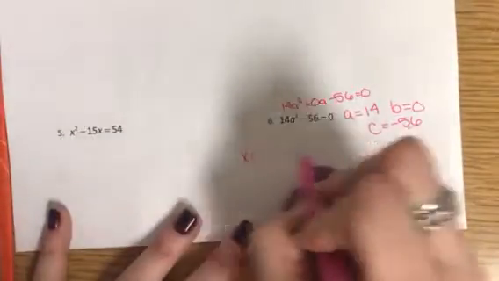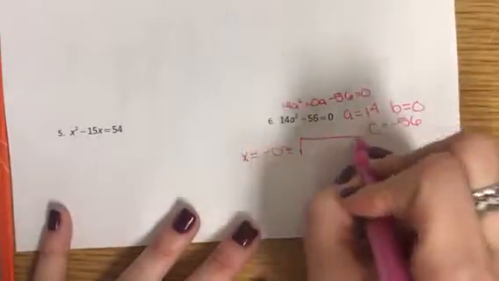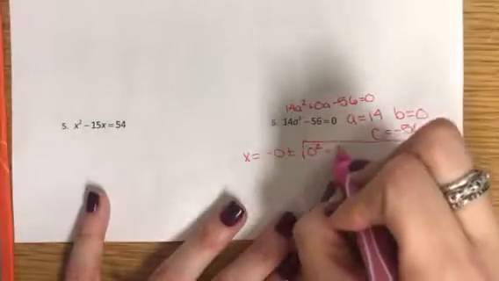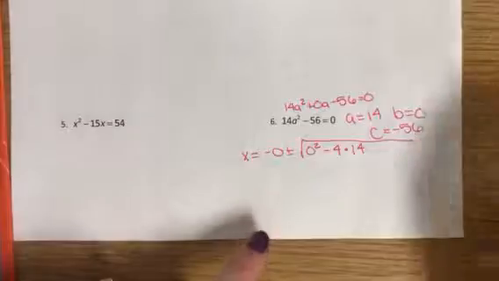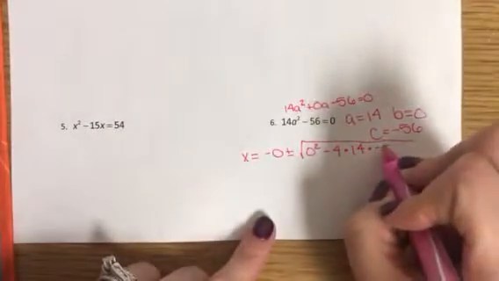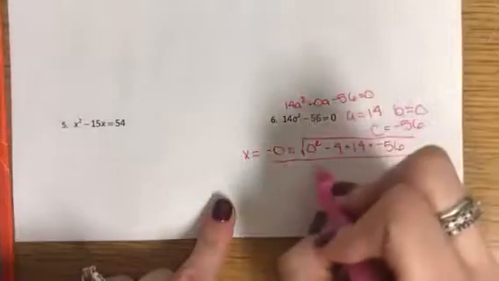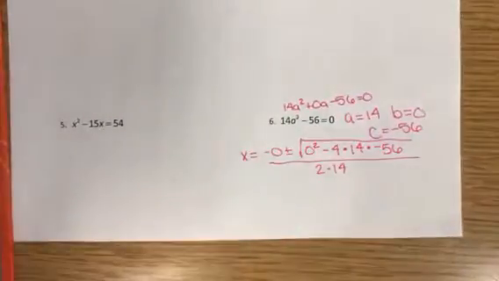So we'll say x equals negative 0 plus or minus the square root of 0 squared minus 4 times 14, because that's a, times c, which is negative 56, all over 2 times 14.